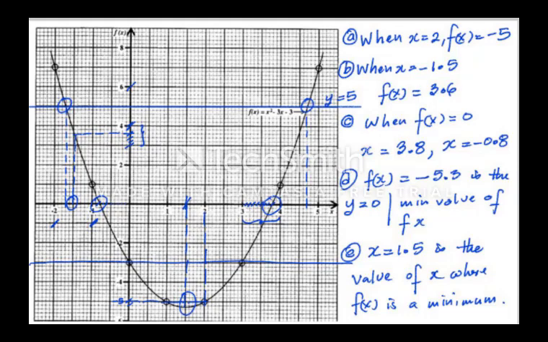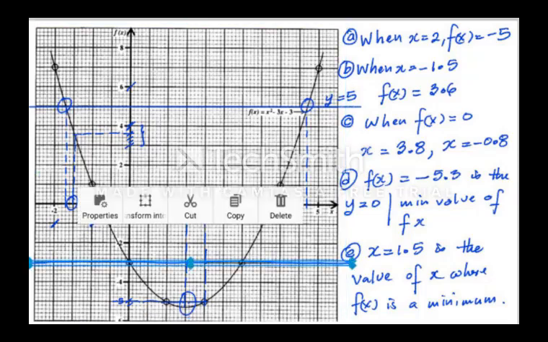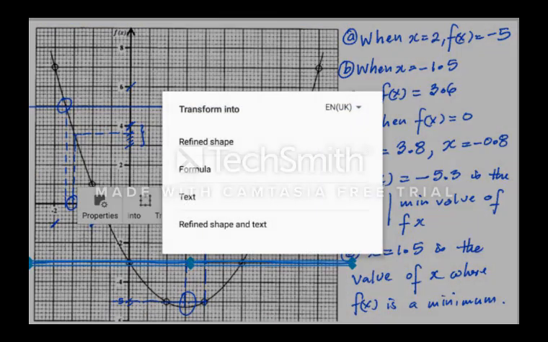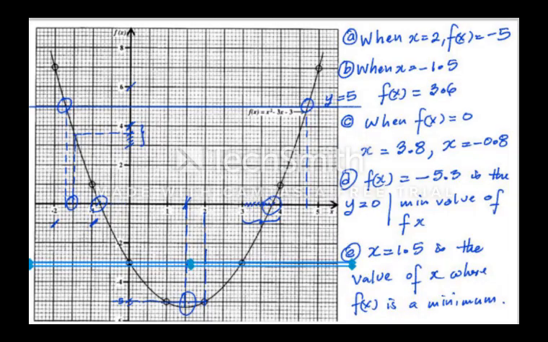Remember, you must use a ruler to draw this line. All right, so that line cuts the graph here where x is 0, and it cuts the graph here where x is 3.